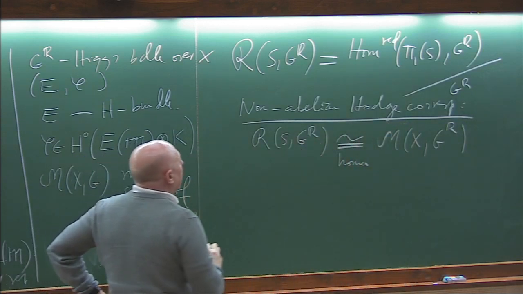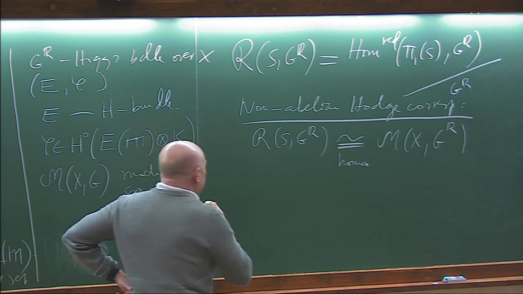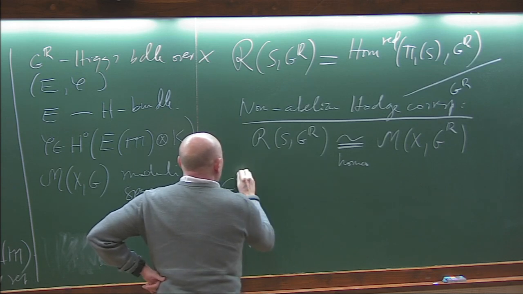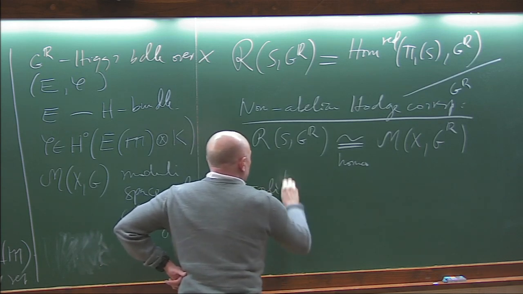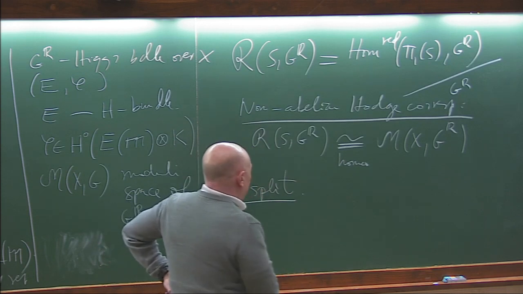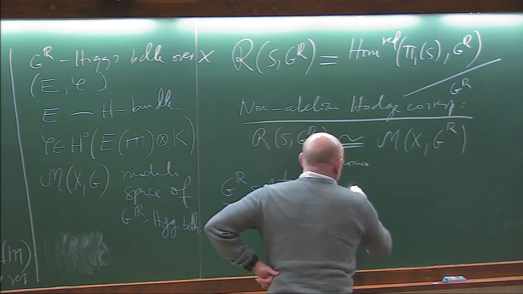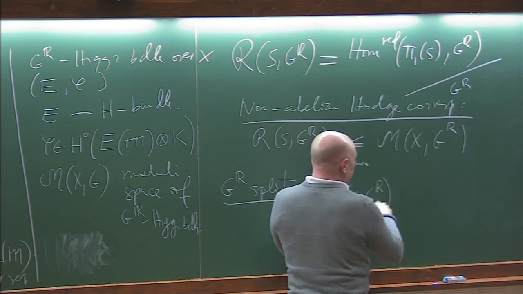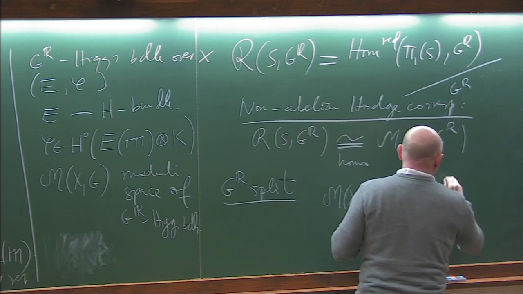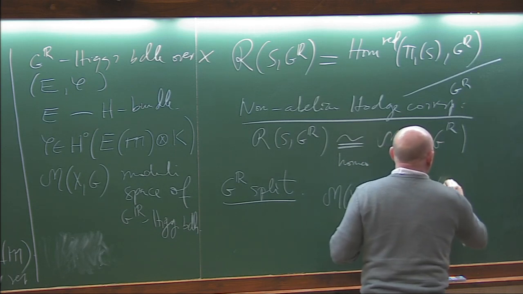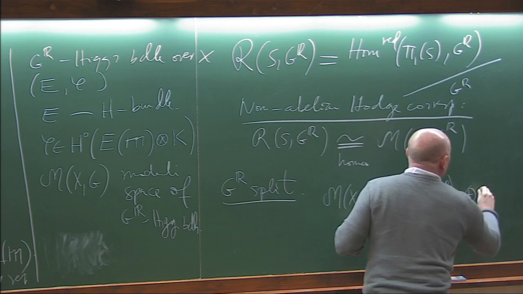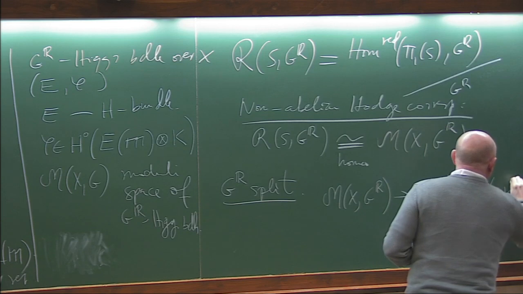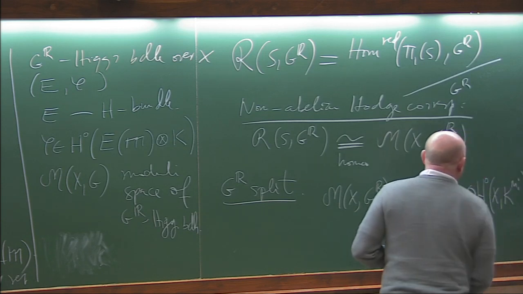And so I'm just trying to summarize what we saw yesterday. There was the situation when GR was a split real form. So in this situation, we have the Hitchin map that goes from the moduli space for this split real group to the Hitchin base, which is just a direct sum of holomorphic sections of various powers of the canonical bundle, let's say K^{m_i}, for certain i.